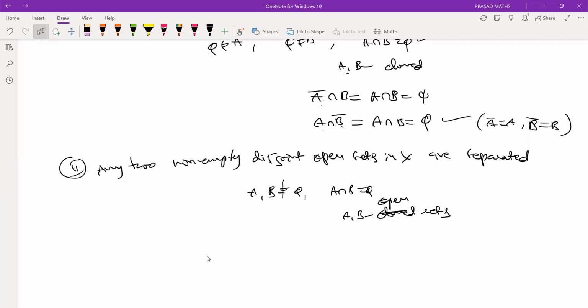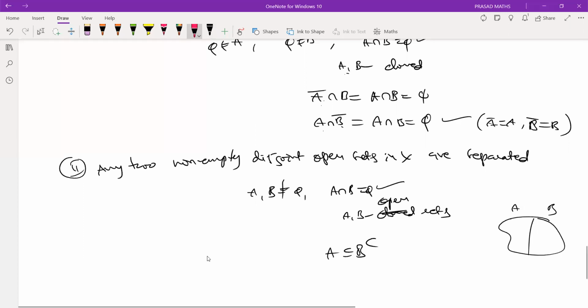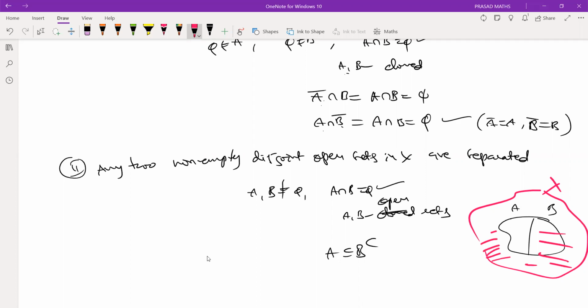Once they are open sets, the complements are closed sets. A intersection B is empty. Therefore, A must be contained in the B complement, where the complement is taken in the whole space X.